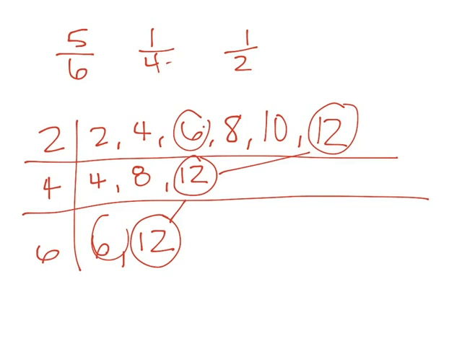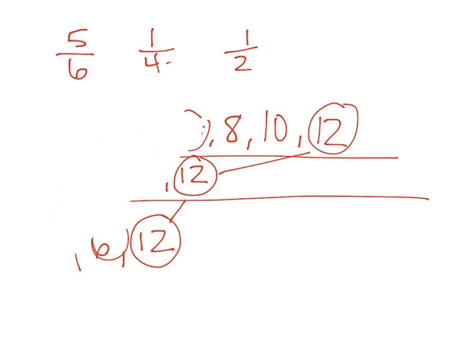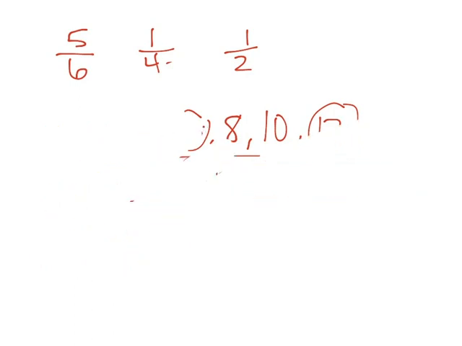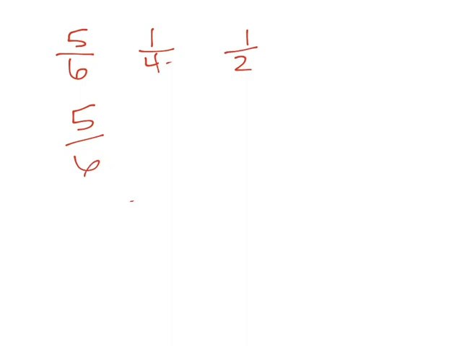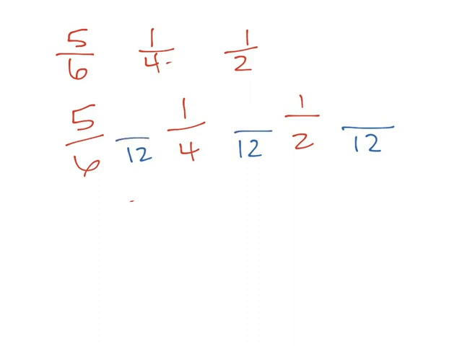So I am going to erase this, and I'm going to do 5/6, 1/4, and 1/2, and I'm going to use 12 as my common denominator, my least common denominator. So how do I get there?